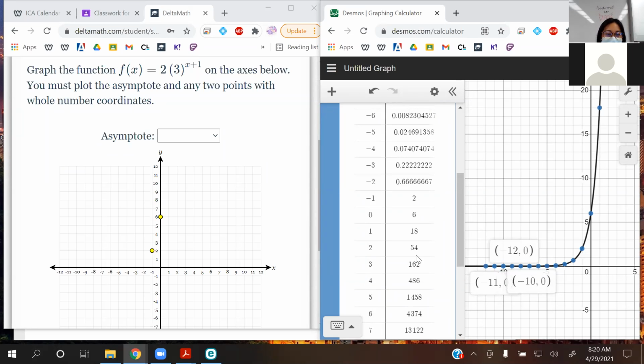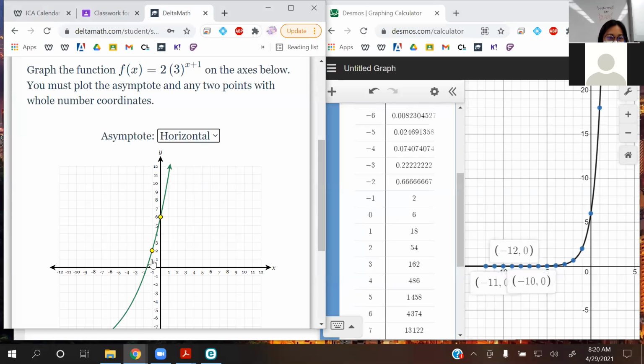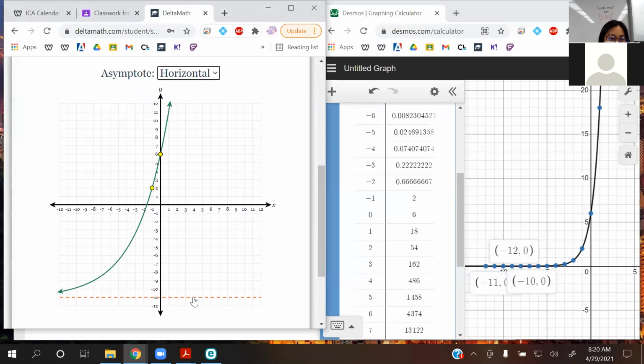Okay, so hopefully that helps with the asymptote portion, because I know it's a little bit trickier to see on exponentials, but if you zoom out, then you just click on the flat area, and the y value will tell you. So your asymptote is at 0.